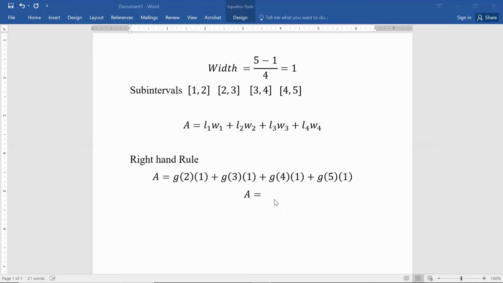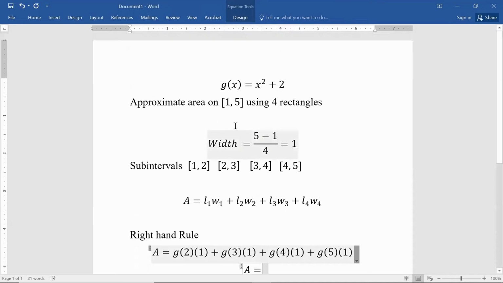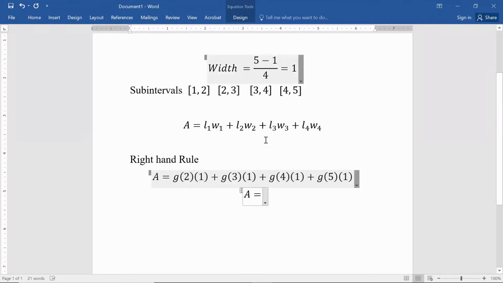Okay, if we do this, g of 2 plugged into x squared plus 2, 2 squared plus 2, gives me 6. So I get 6 multiplied times 1. G of 3 gives me 11. So 11 times 1. G of 4 gives me 18. So I'd have 18 times 1.